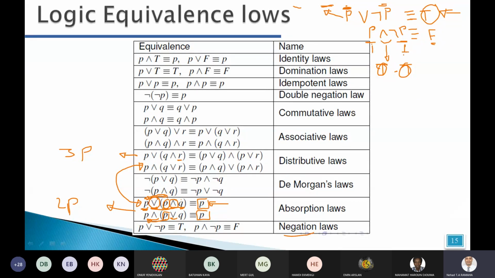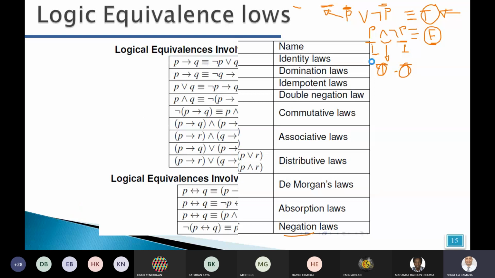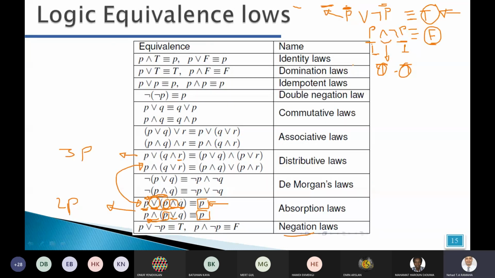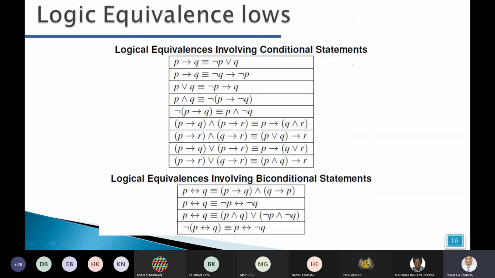So I always have one side false, so the result will always be false. Okay, this is the negation law. We will take some examples to make logical equivalence proofs using these laws, but let's take more laws.